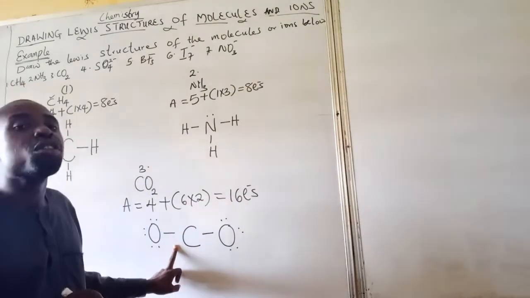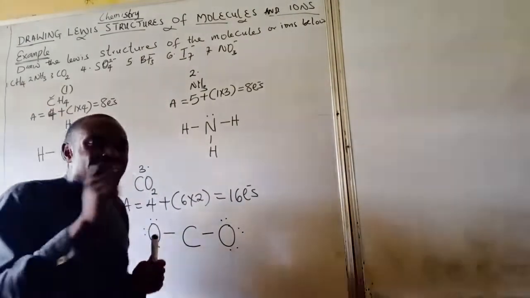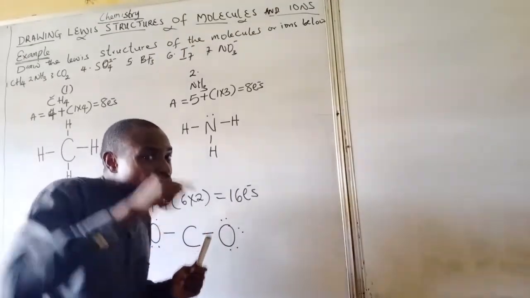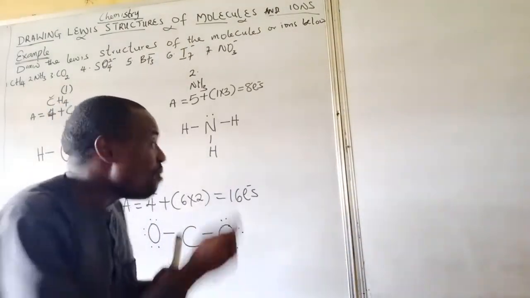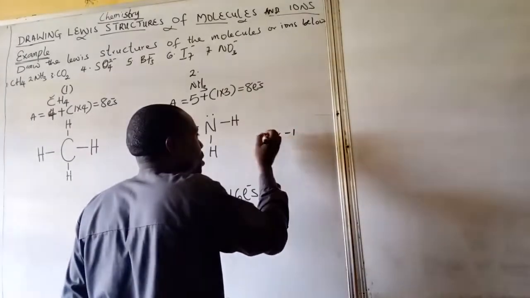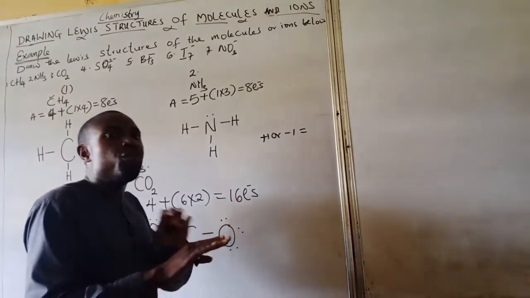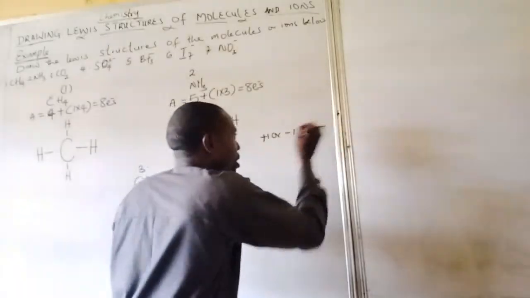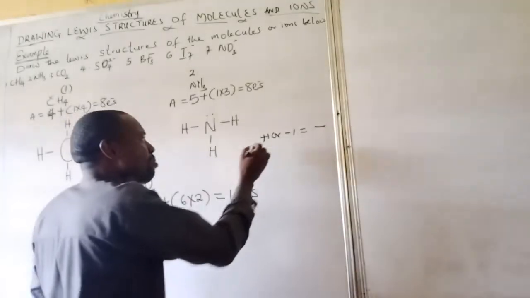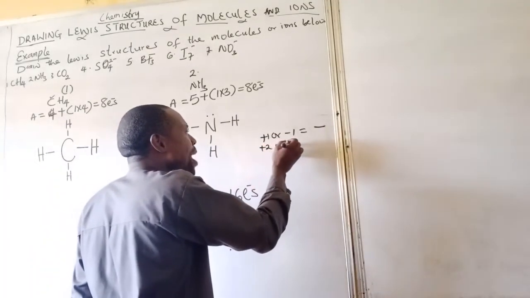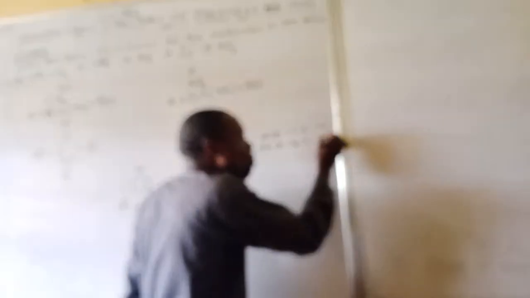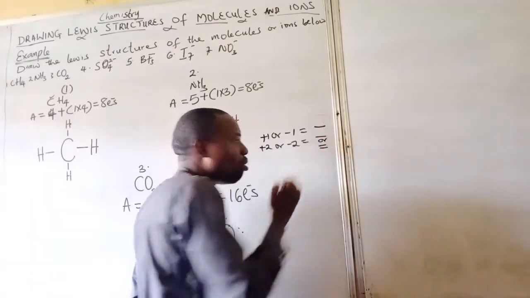It's a rule, it's a shortcut. When an atom has a valency, not valence electron now, a valency of +1 or -1, that atom can only form a single bond, which is like this. But when an atom has +2 or -2, it can form either a single bond or a double bond.